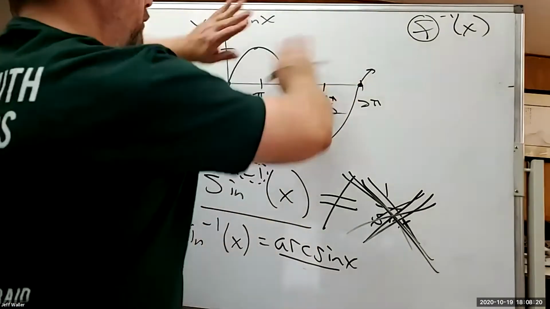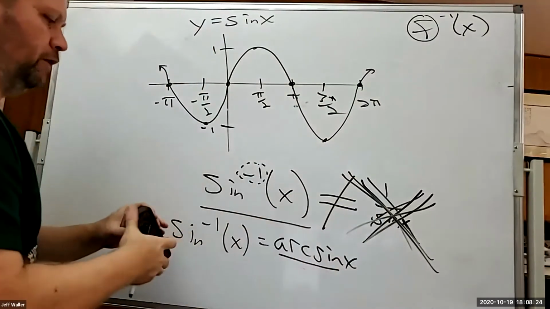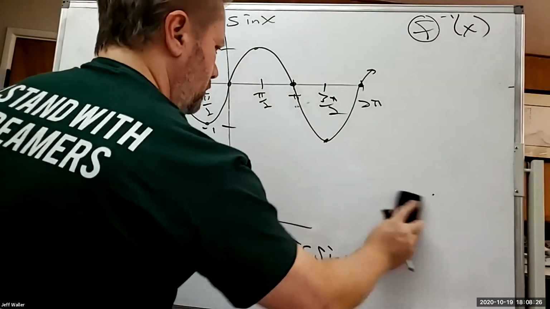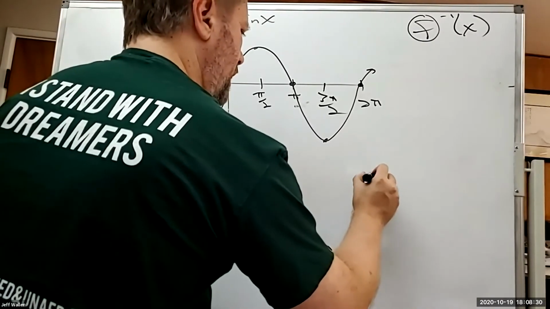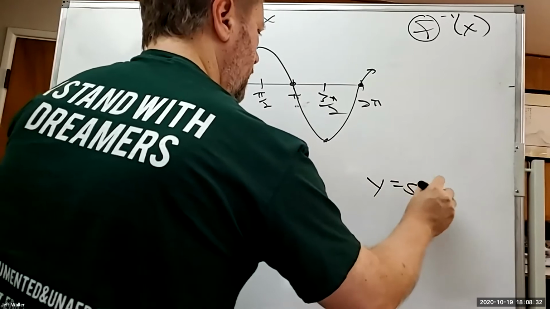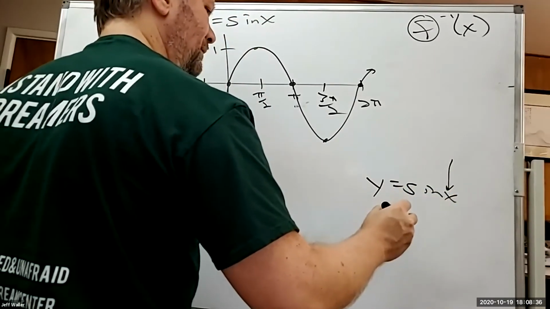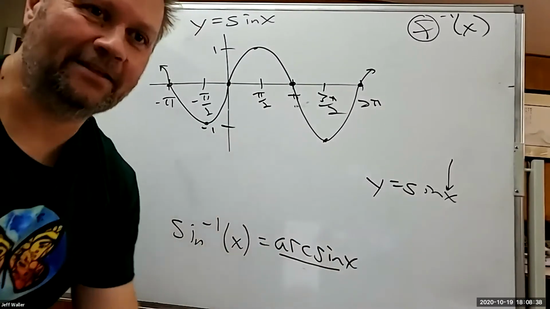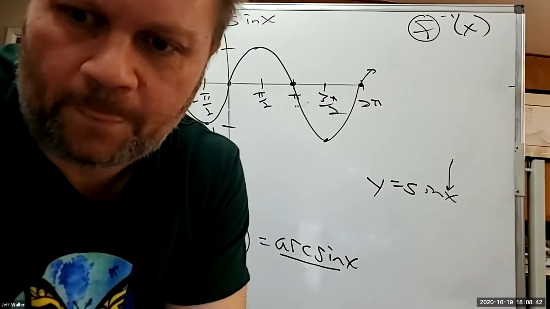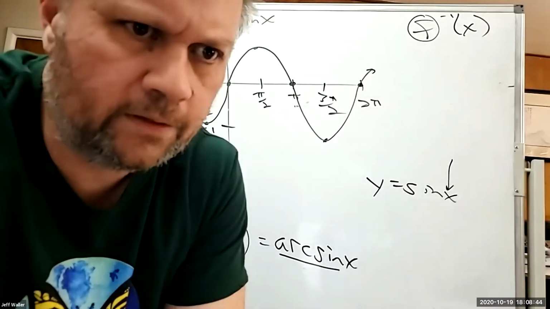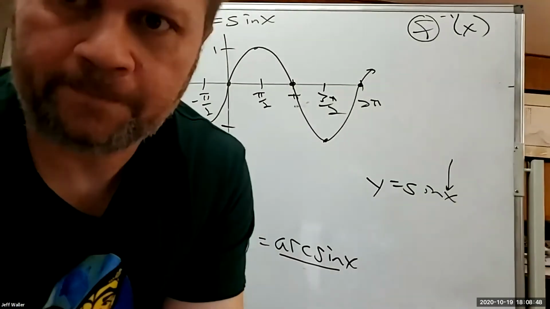So somebody tell me, before we even talk about what needs to happen to allow this to exist, if I have y equals sine x, what physically is x? Or geometrically, what's x?